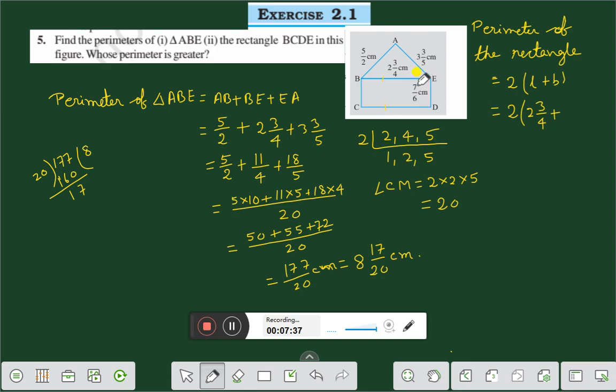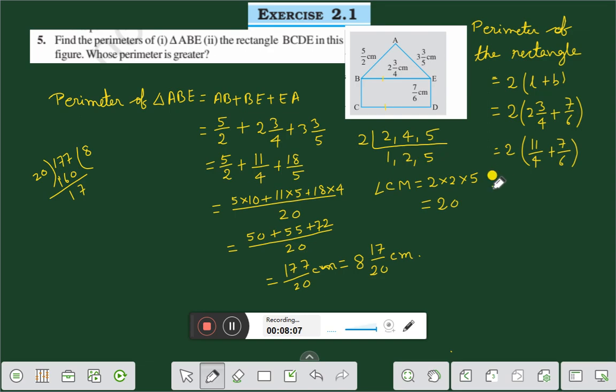The breadth here is defined as 7 by 6 centimeter. We'll find this perimeter, right? We'll find 2 in bracket. We change into fraction: 2 fours are 8 plus 3 is 11, 11 by 4, plus 7 by 6.